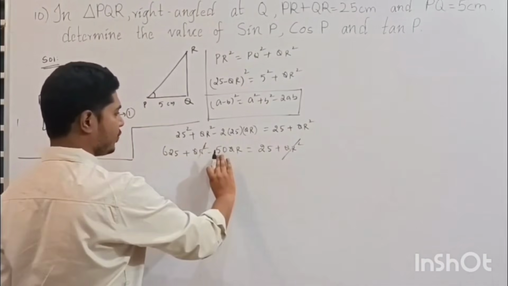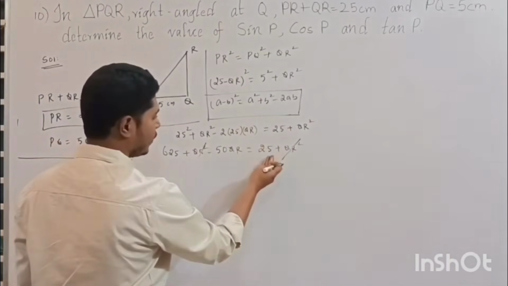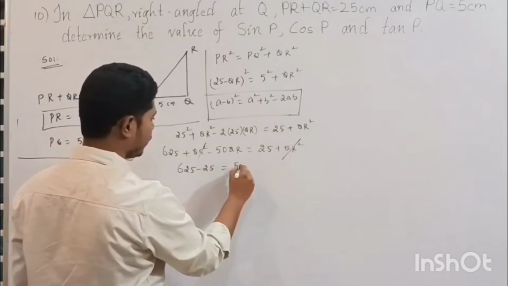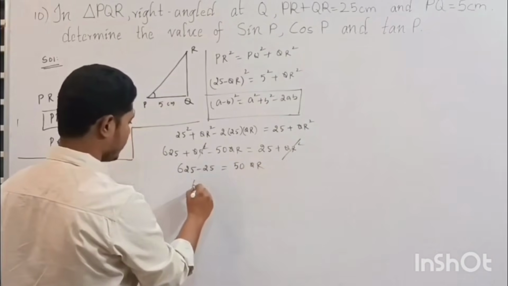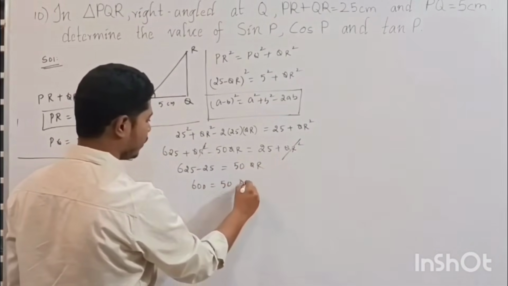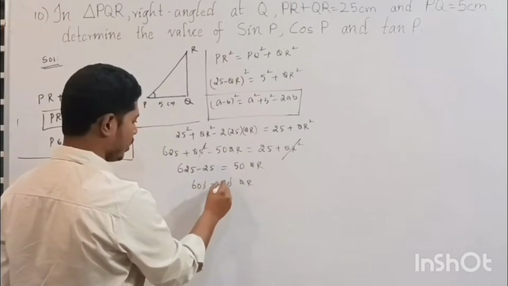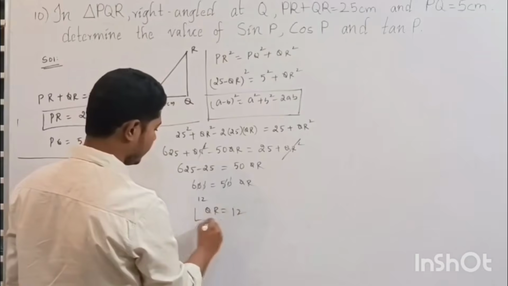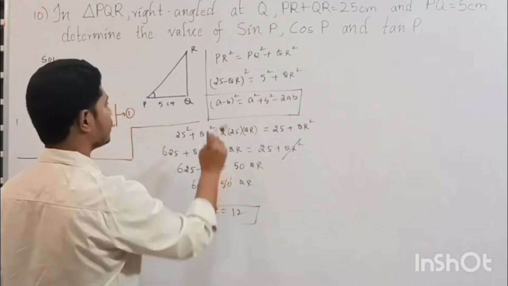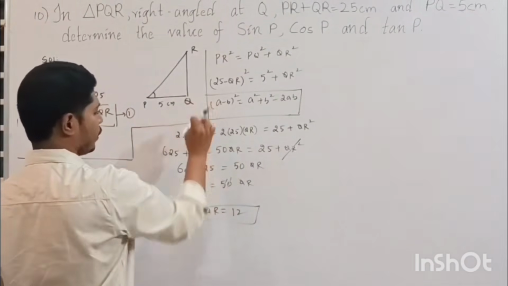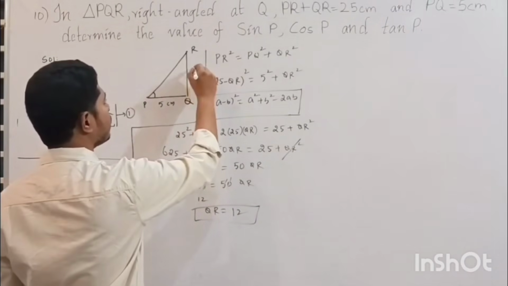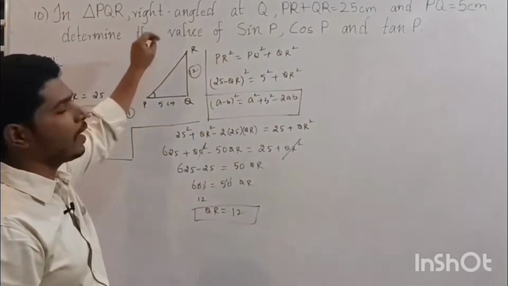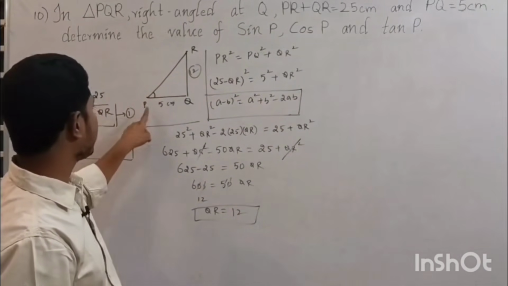I will shift 50 QR to the right side and 25 to the left side, that is 625 minus 25 is equal to 50 QR, that is 600 is equal to 50 QR. I will cancel the zeros, 5 ones are 5, 12 fives are 60, therefore QR is equal to 12. To find sin P, cos P, tan P, I have to know the hypotenuse also. What is the hypotenuse? That is equal to PR.